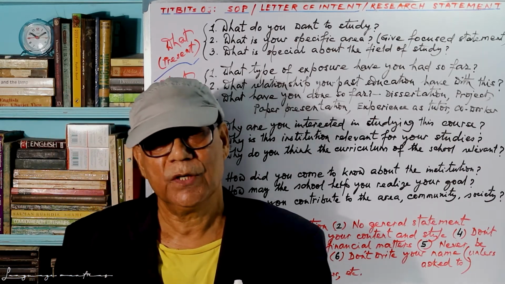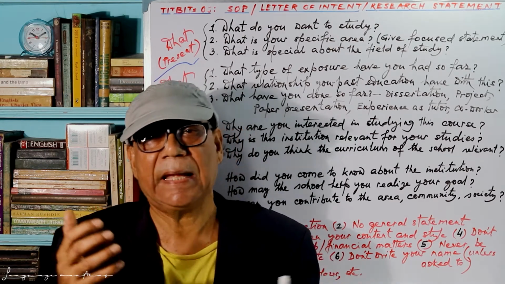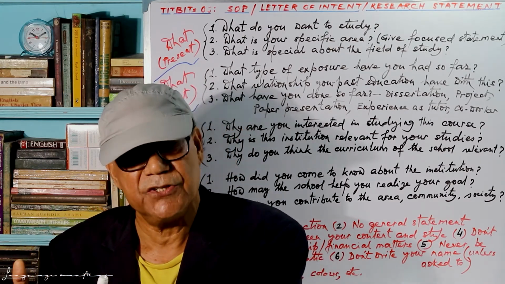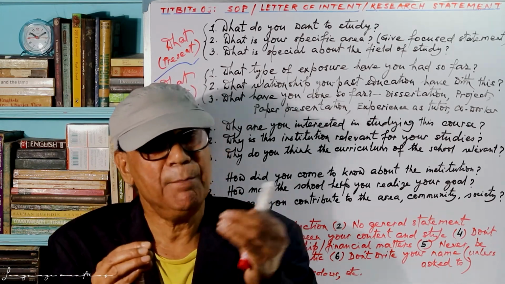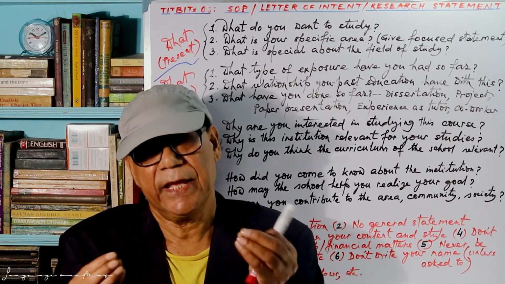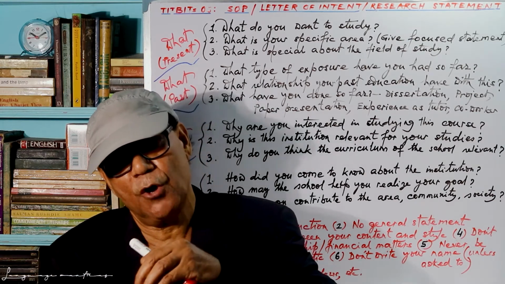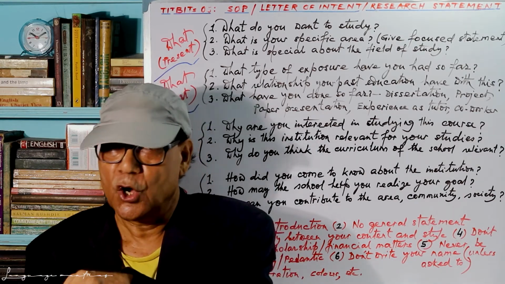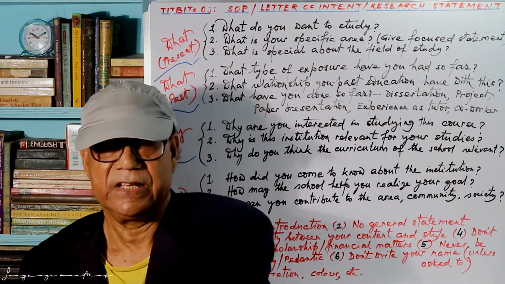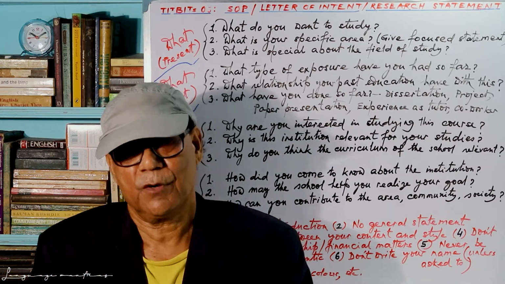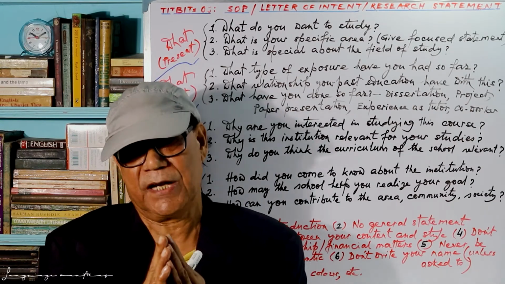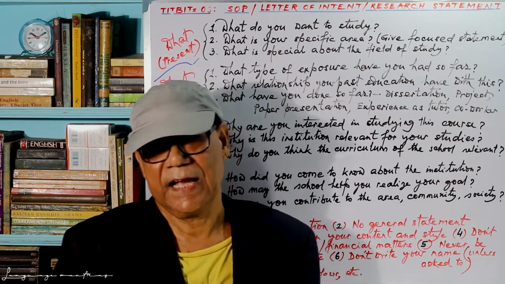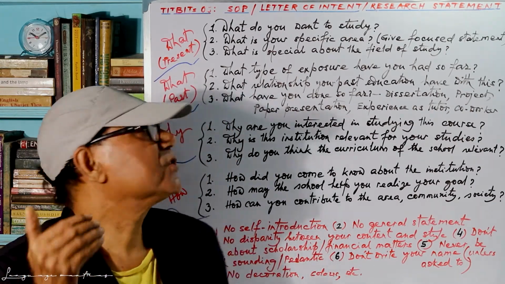Maybe you are trying to study pandemic or say COVID-19, but your specified field will be the economic impact of COVID-19 on such and such areas. So you specify from a broader area, you come to a very small area of studies. This is what is expected in higher studies.